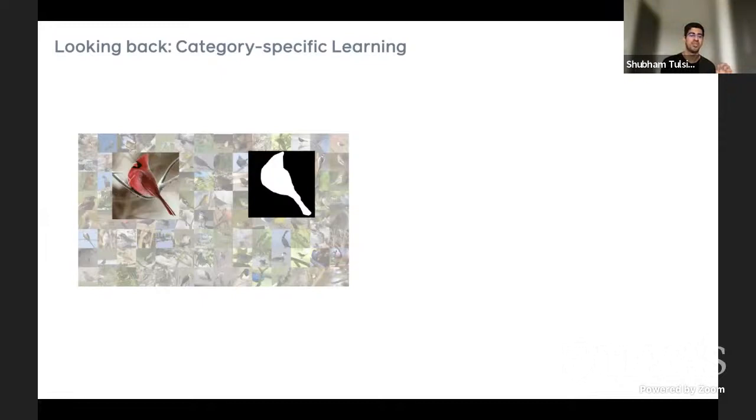But one aspect that I want to really highlight about our approach, and in fact, a lot of the other unsupervised 3D learning approaches, is that they really learn category-specific models. So in our particular approach, given an image collection with just foreground masks and many images, we learned this category-specific reconstruction model that could then infer 3D for a new object of this category.